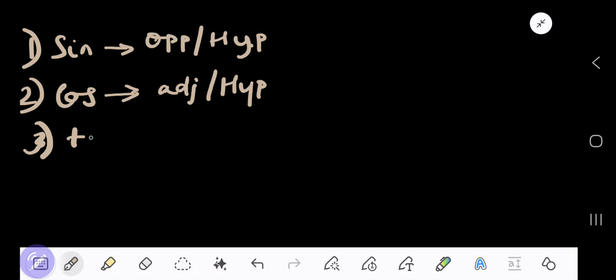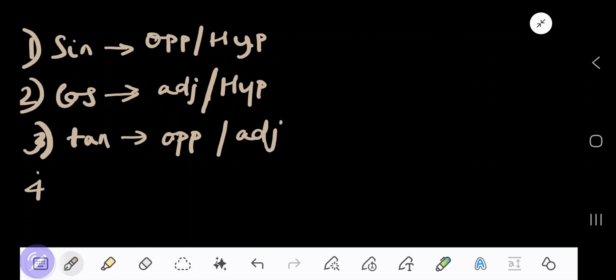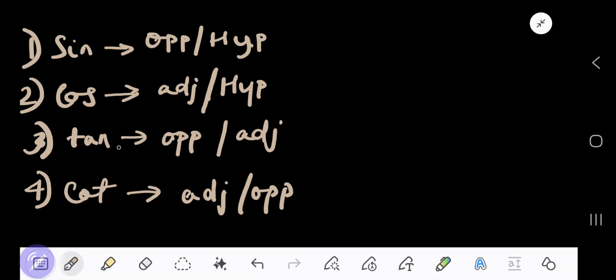Tangent or tan is opposite by adjacent. Cotangent or cot is adjacent by opposite, so opposite of tangent.